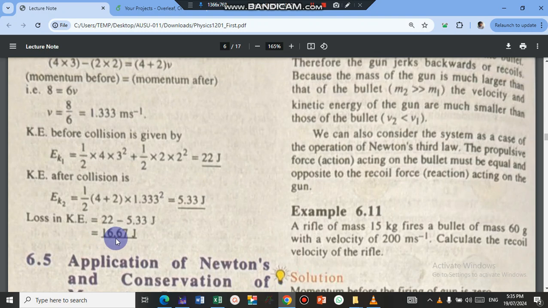It means you lost 16.67 joules. This energy is converted to sound energy, and some of it heat energy, and possibly light energy. Sound, heat, and light energy, these are three possible energies that are formed after collision.